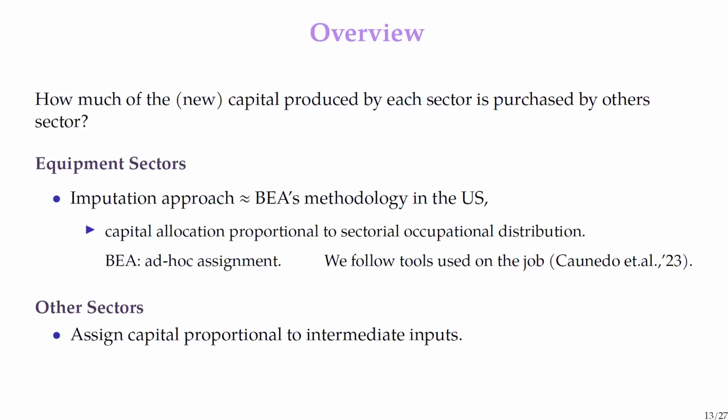I will be more clear about the details of the methodology in the next slide. But for the sectors that are not equipment sectors, for which we cannot determine how tools are used on the job, we assume that we assign the capital proportional to intermediate input use.